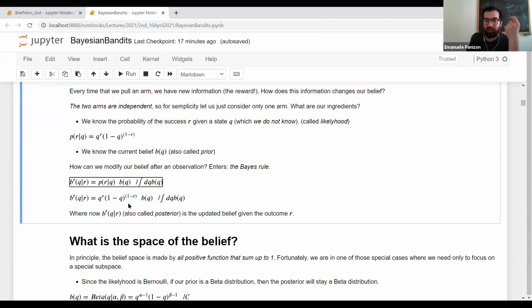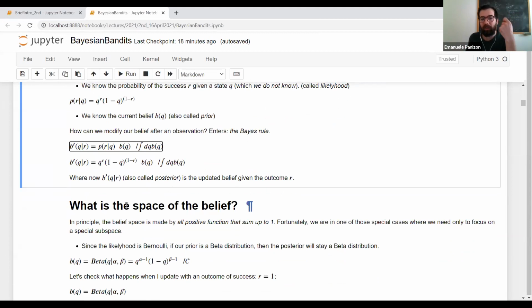Now you can already see where the conjugate distribution enters. The new belief is the old belief multiplied by something of the form Q to the R, (1 minus Q) to the (1 minus R).